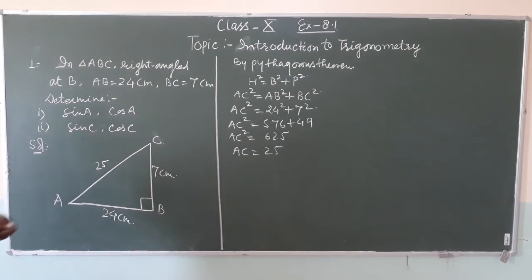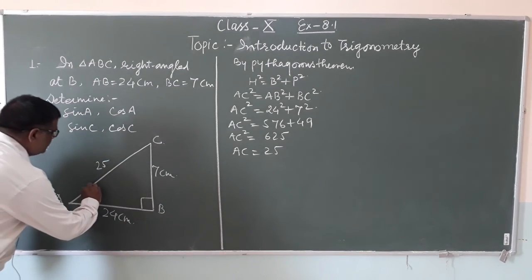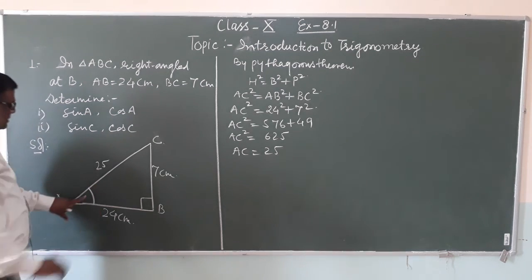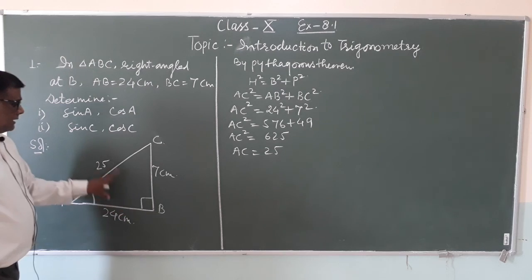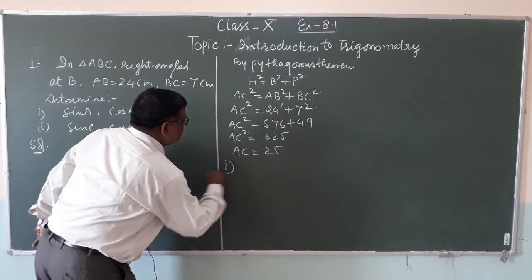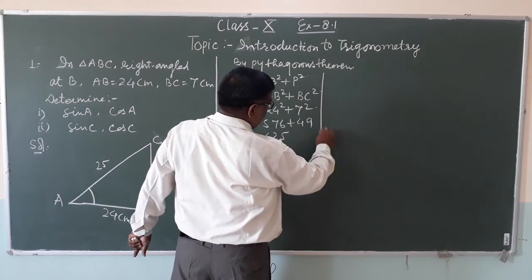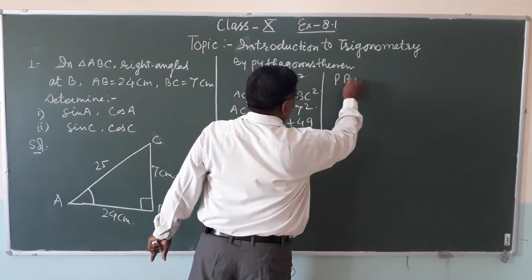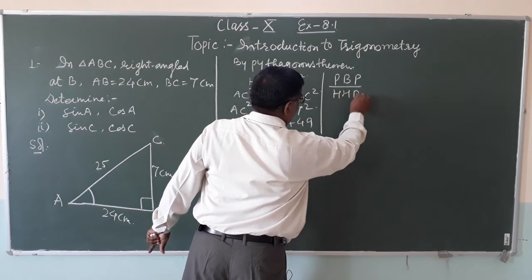So first we take angle A. If we take angle A, this is the perpendicular, this is the base, and this is the hypotenuse. So in case of sine A, I can write this, that is Pandit Badri Prasad Har Bol.